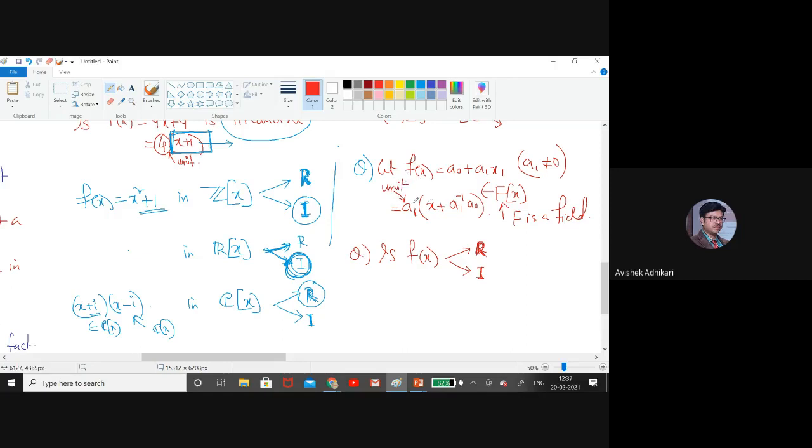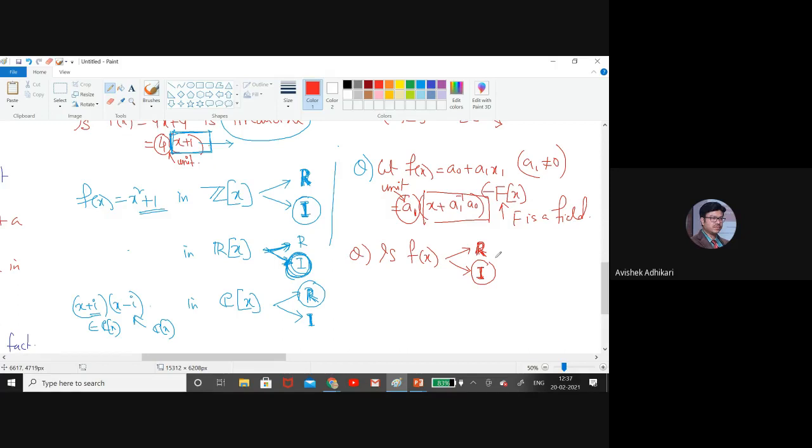So you do not need to worry about this part, only concentrate on this part. Now will you be able to further break this? You won't be able to in F[x]. As a result, this is irreducible. So any one degree polynomial over F[x], where F is a field, is irreducible.